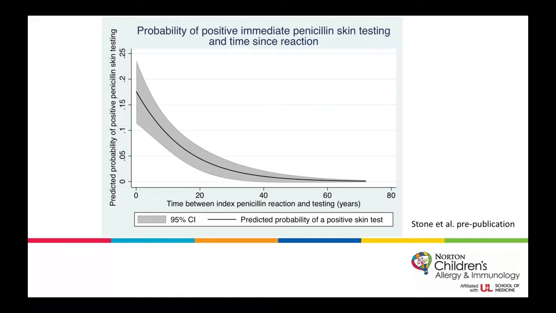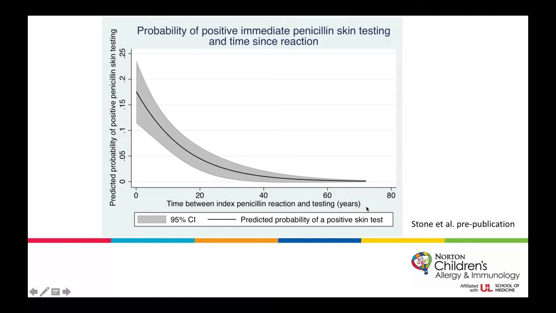What this graph shows is that even if you had an IgE-mediated process or true anaphylaxis, more likely than not, you have grown out of your allergy over the years.